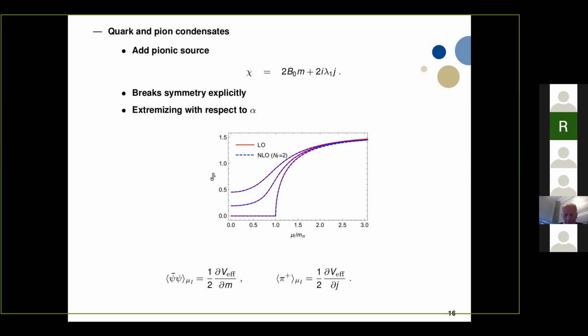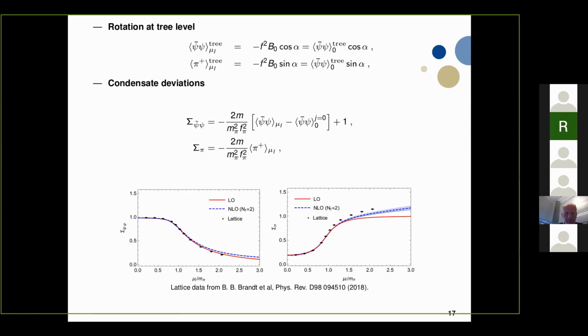And that is very convenient, because that's what the lattice people have provided us with. So here you can see the expressions for the condensates at tree level, and they are both multiplied by, well, this is the vacuum contribution, and then you have cosine and sine for the two condensates, so then you can really think of this as a rotation in isospin space.